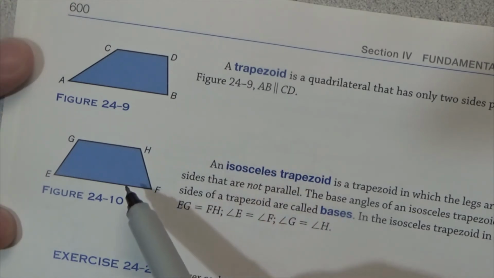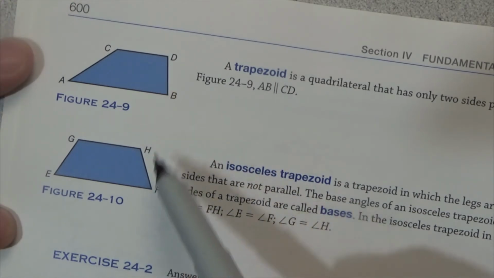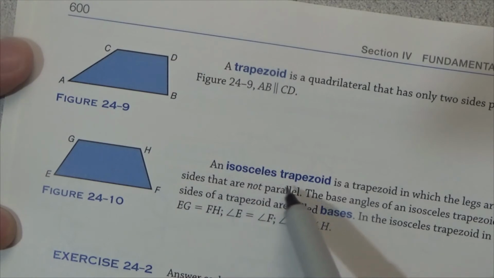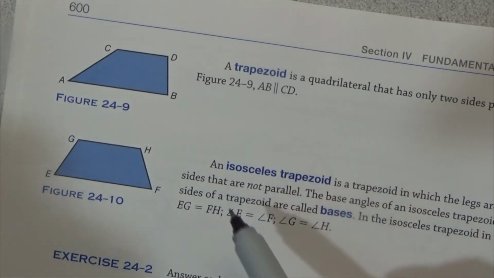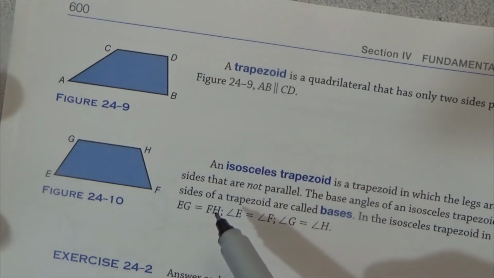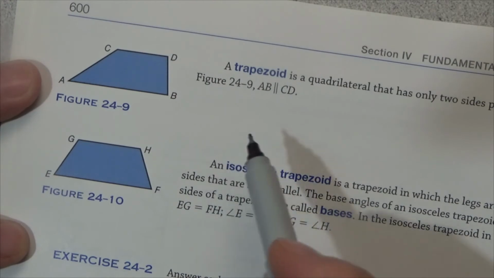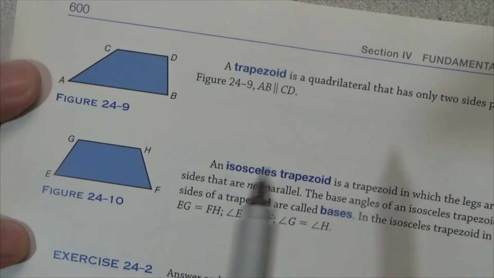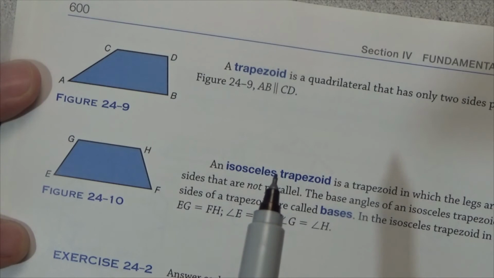Now here's another type of trapezoid. This trapezoid is different from this one in that it's an isosceles trapezoid. Now remember what an isosceles triangle is. An isosceles triangle was a triangle where two of the sides are equal.